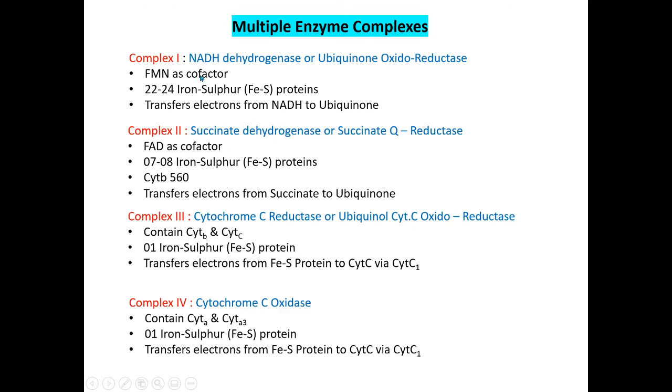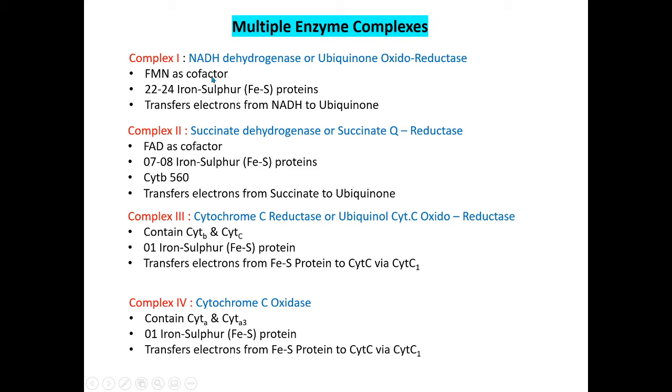It also contains 22 to 24 iron sulfur proteins arranged in 5 to 7 clusters, and this complex transfers the electrons from NADH to ubiquinone. This is the first complex, NADH dehydrogenase, or ubiquinone oxidoreductase.